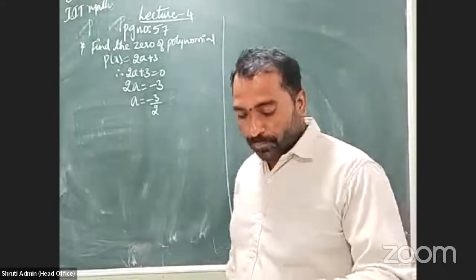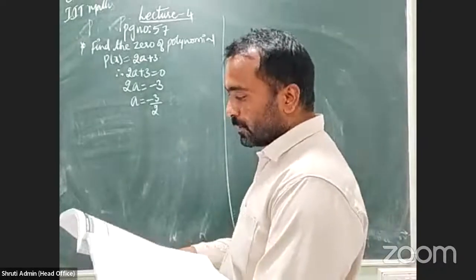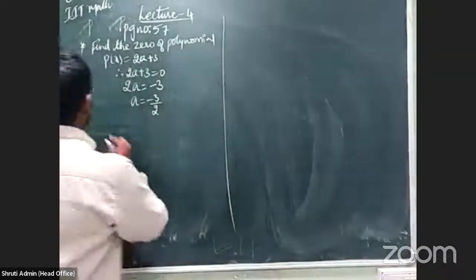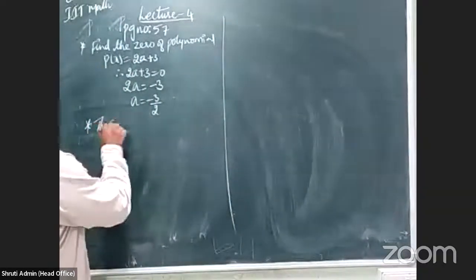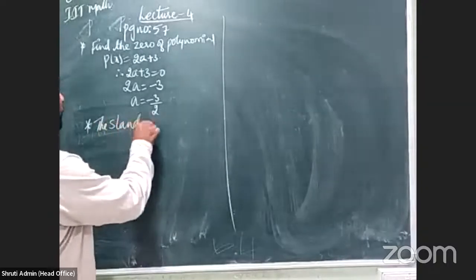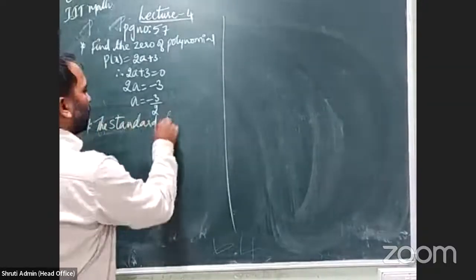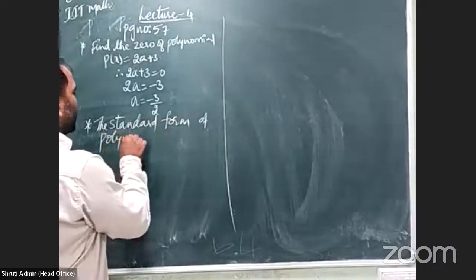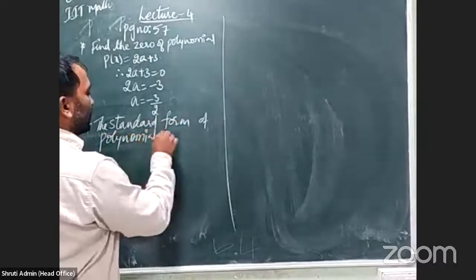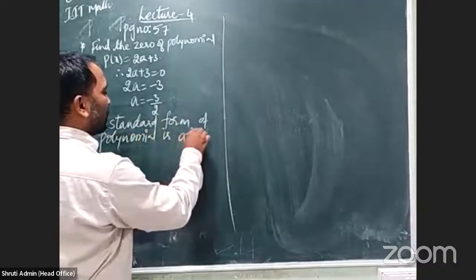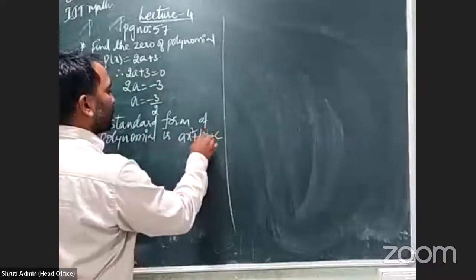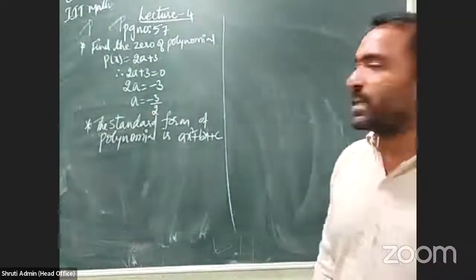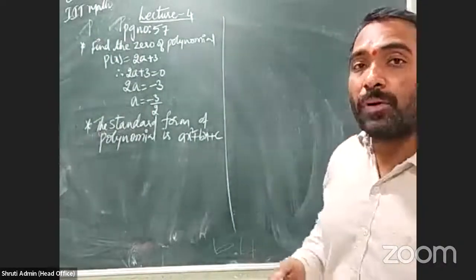Almost okay. Next, we have a relation between zeros and coefficients. First of all, the standard form of a polynomial. The standard form of a polynomial is ax square plus bx plus c. Yes or not? And I'm talking about the zeros.